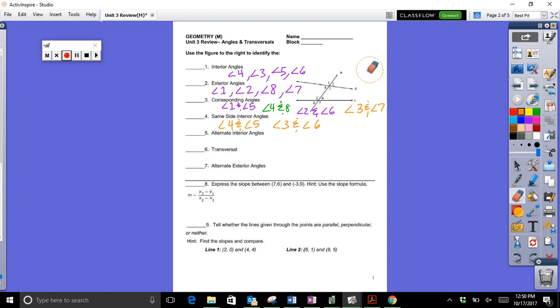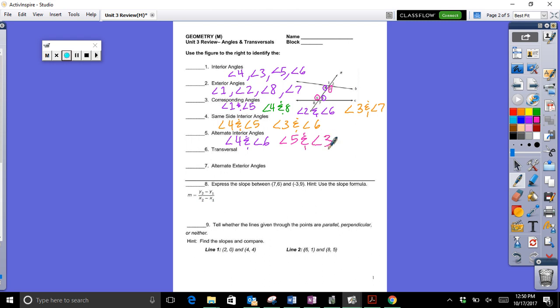So alternate interiors would be 4 and 6, and you could also say 5 and 3.